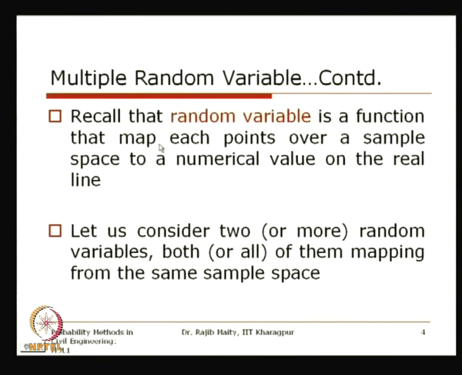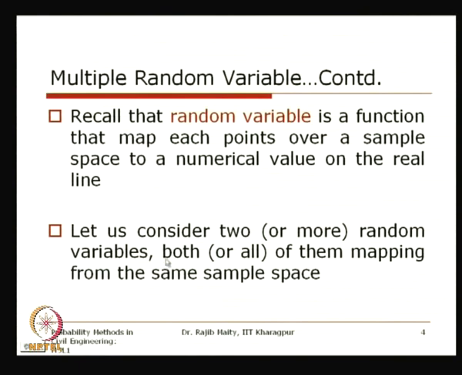Now if we recall from our earlier lecture, the random variable is a function that maps each point over a sample space, each point meaning each outcome of one random experiment, to a numerical value on the real line, and this functional correspondence between the outcome and the real line value is your random variable.